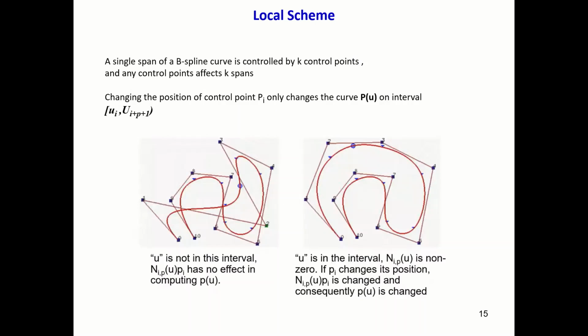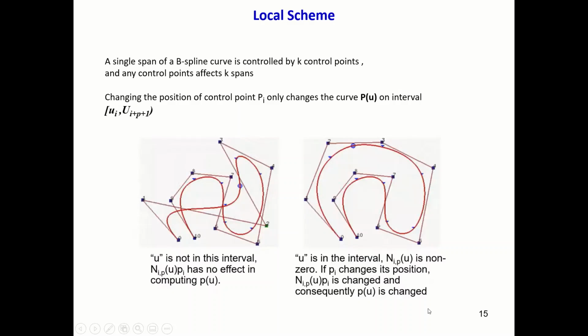Local scheme. A single span of a B-spline curve is controlled by k control points, and any control point affects k spans. Changing the position of any control point P_i only changes the curve P of u on the interval u_i and u_i plus p plus 1.